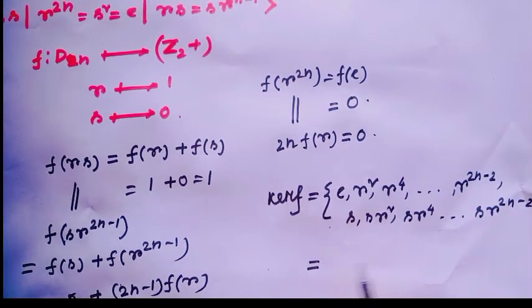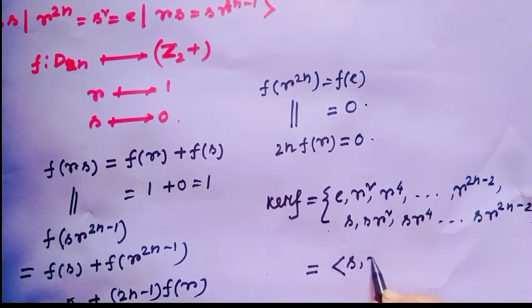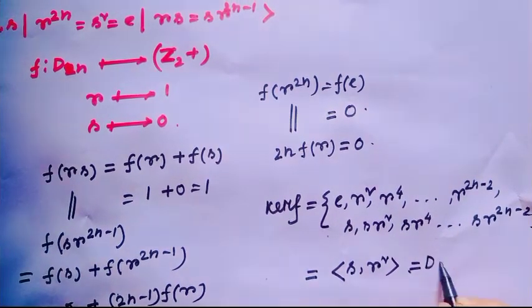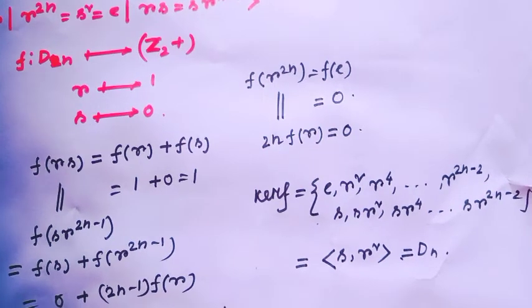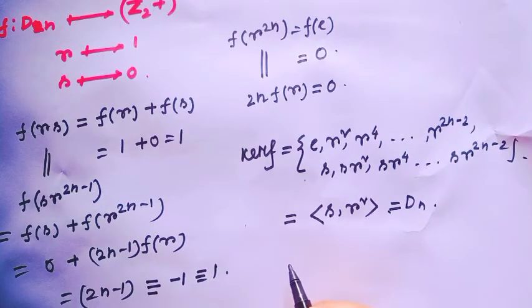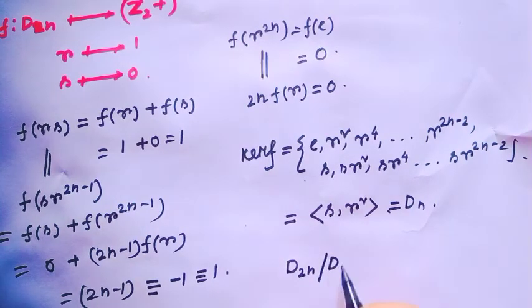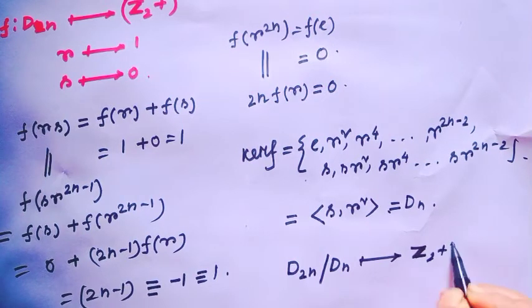This is equal to the cyclic subgroup generated by s and r square, and this is similar to Dn, because all of us know the construction of Dn. So by the first isomorphism theorem, we can tell D2n modulo Dn is isomorphic to Z2 under addition.